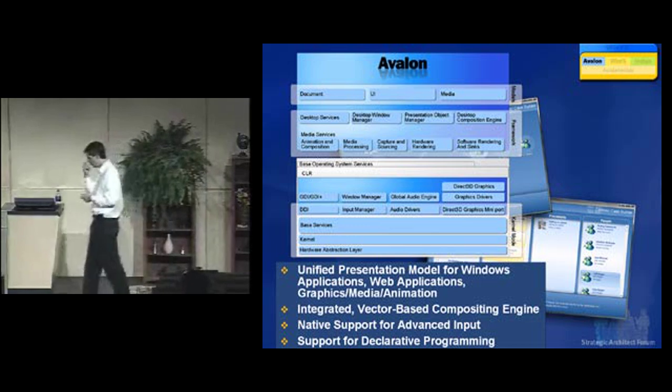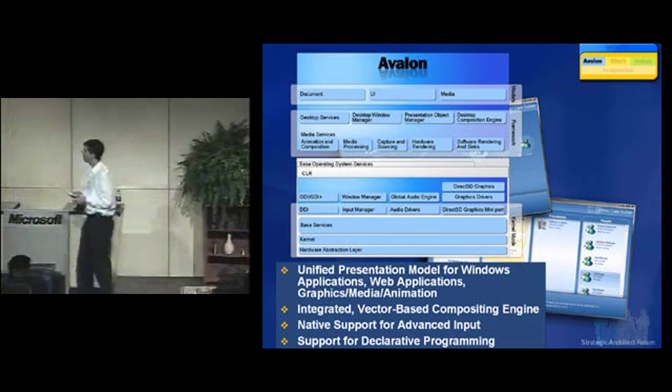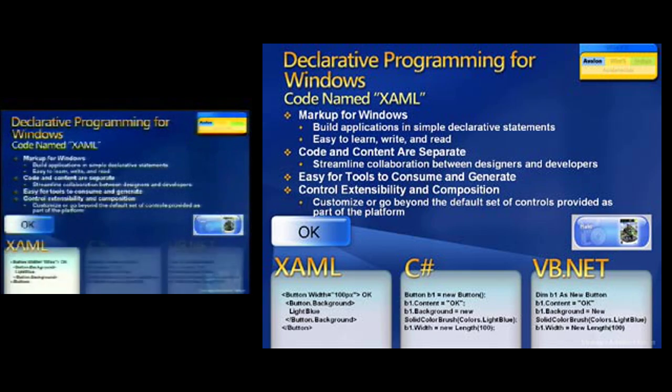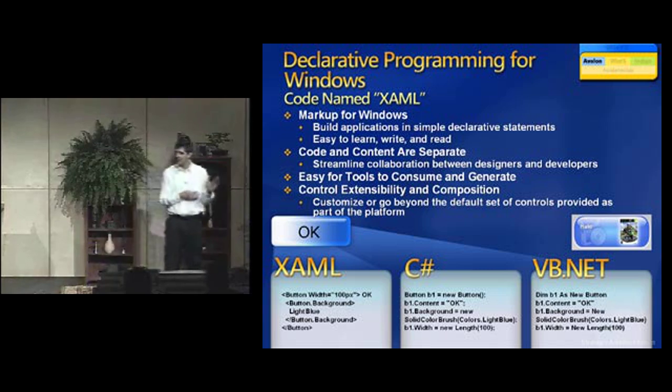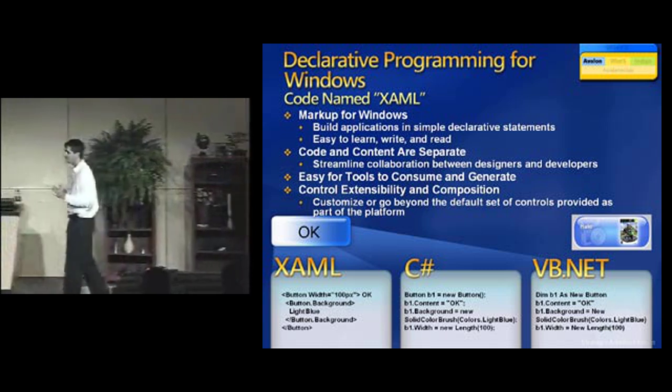The other big push in Avalon is around something we call XAML, and I'll get into that in a little more detail in the next slide. So on the best of web, best of Windows theme, again, those of us coming from the IE side really liked markup-based programming.